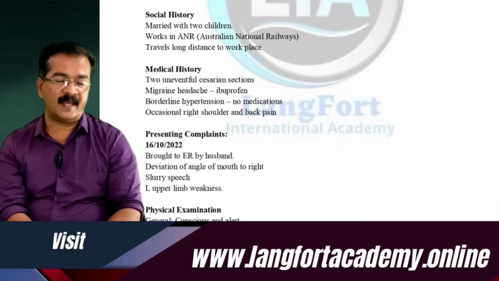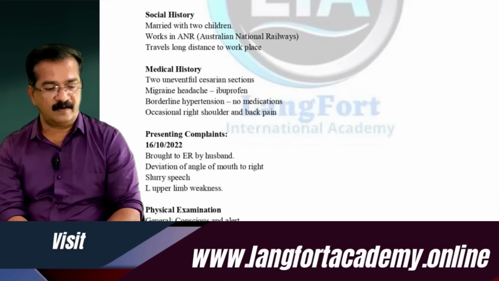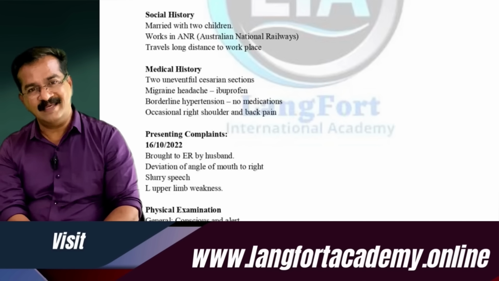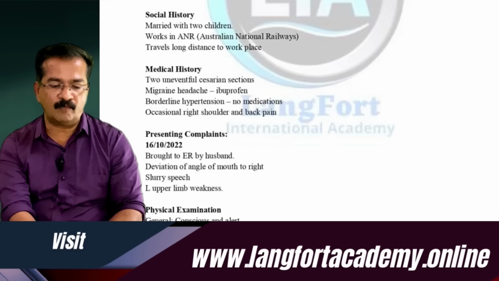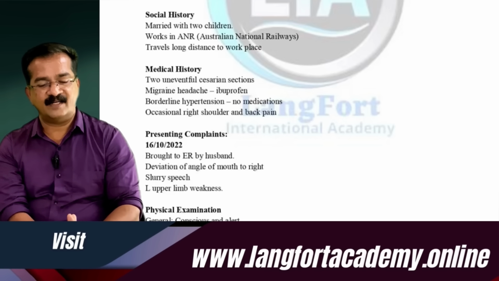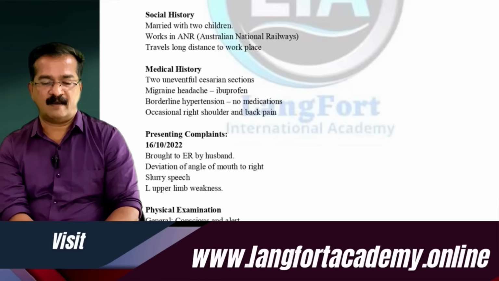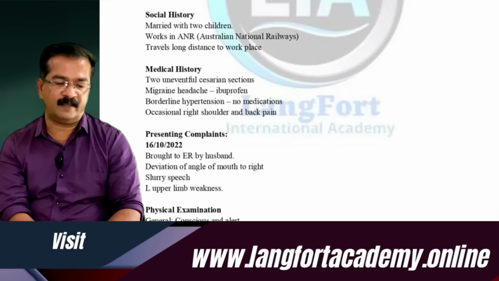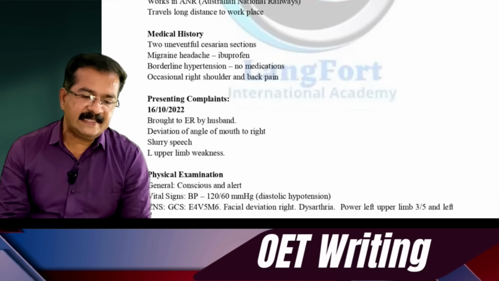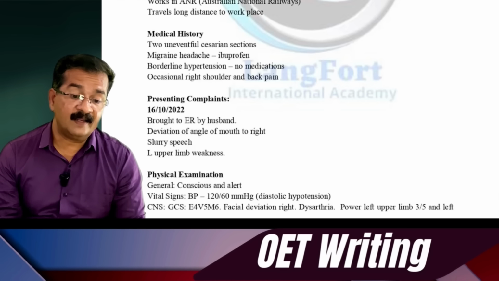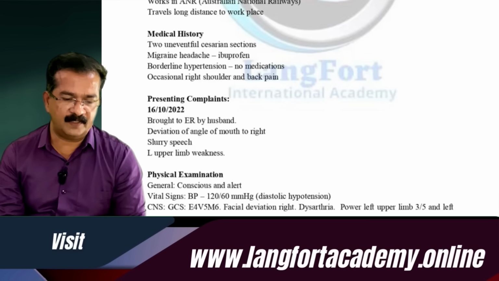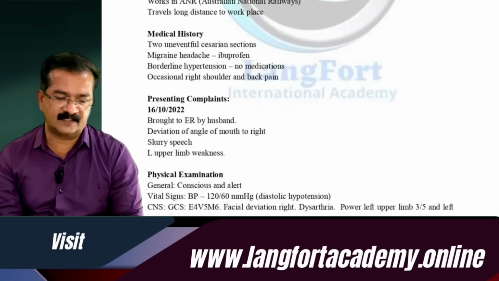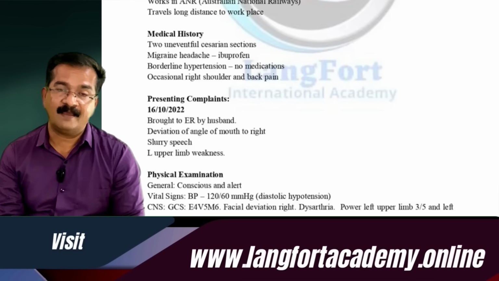Presenting complaints: on 16th October, the patient was brought to ER by her husband due to deviation of angle of mouth to right, slurry speech, and left upper limb weakness. On physical examination, the patient was generally conscious and alert. Vital signs were normal except BP, which was 120/60, that is diastolic hypertension.